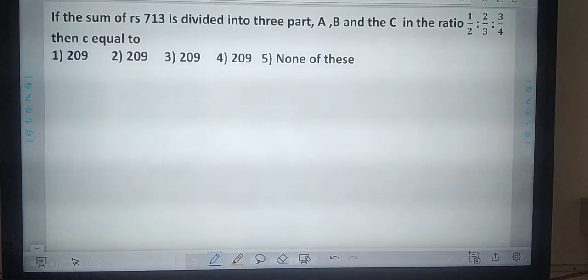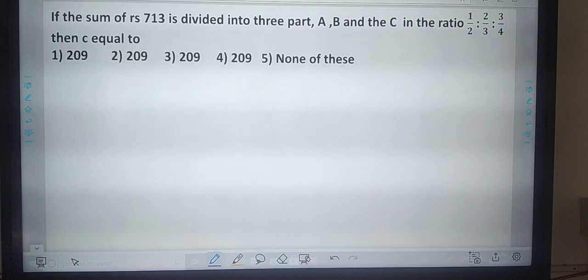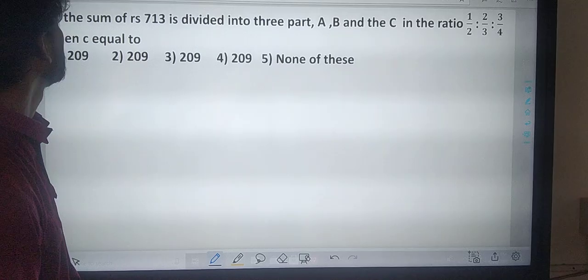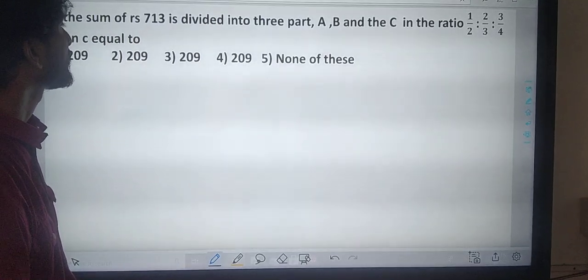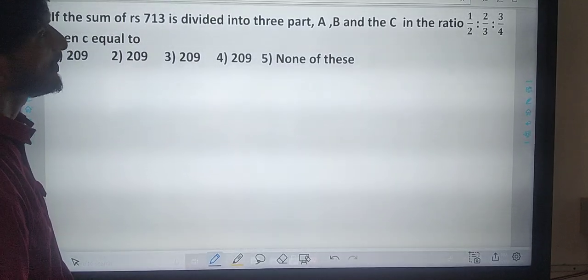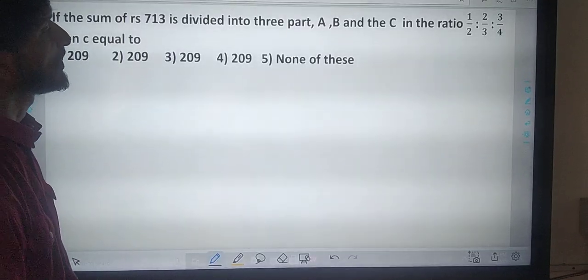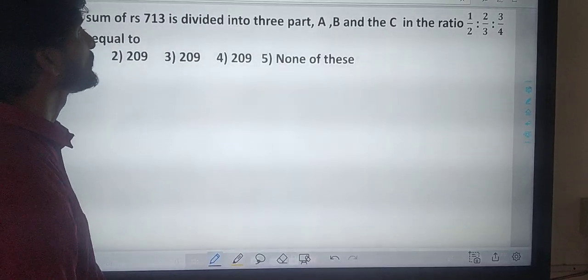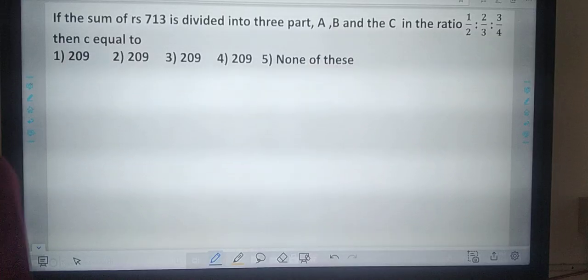If the sum of rupees 713 is divided into three parts, A, B, C in the ratio 1 to half to 2/3 to 3/4, then C is equal to?